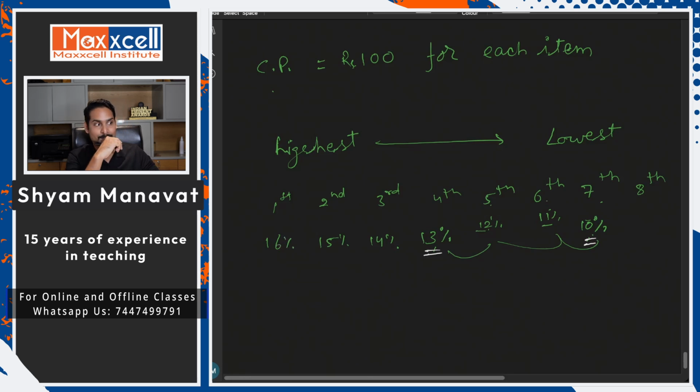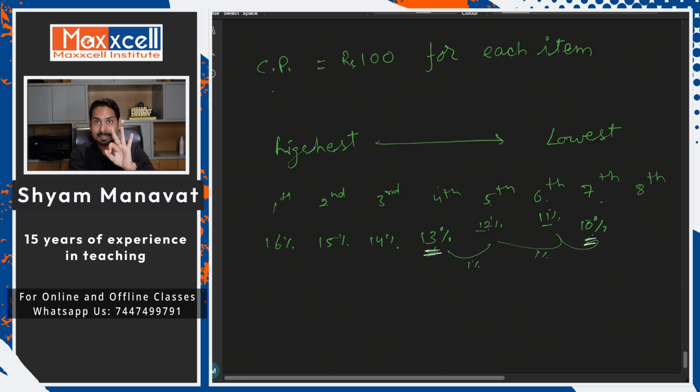Do you agree with me? Think about it. Profit percentages are in arithmetic progression. The common difference is 1%, as we calculated, to have 13% here and 10% here. There are 3 terms.